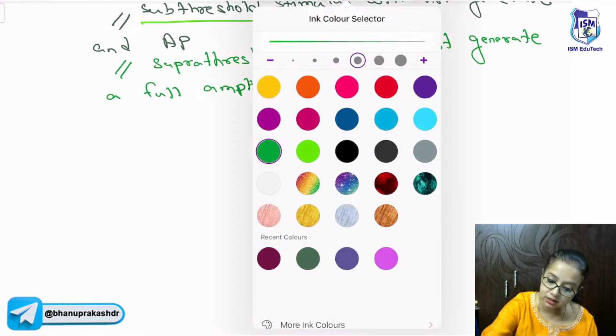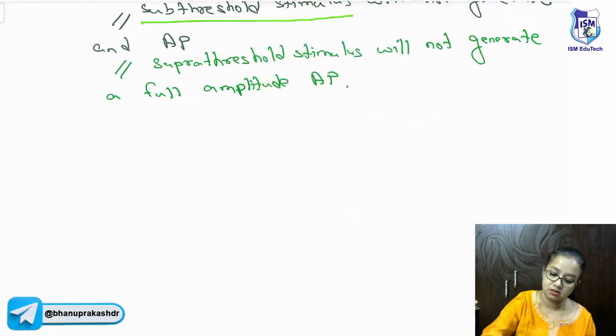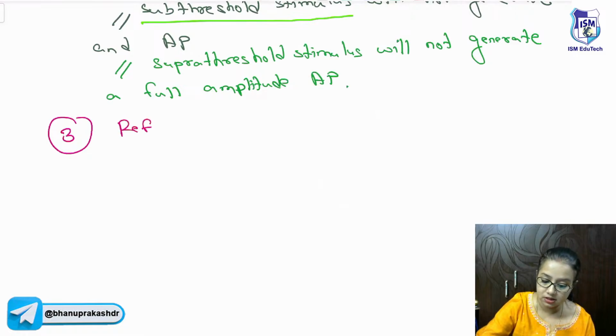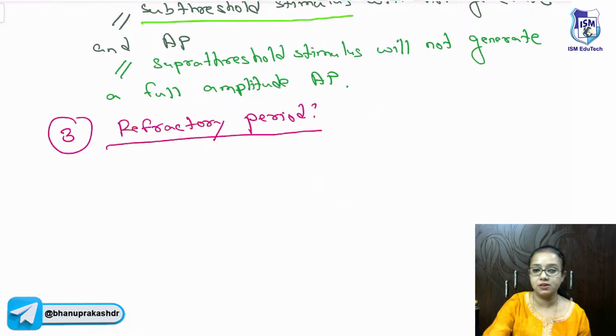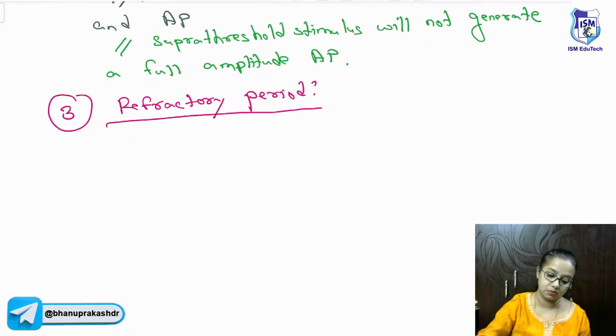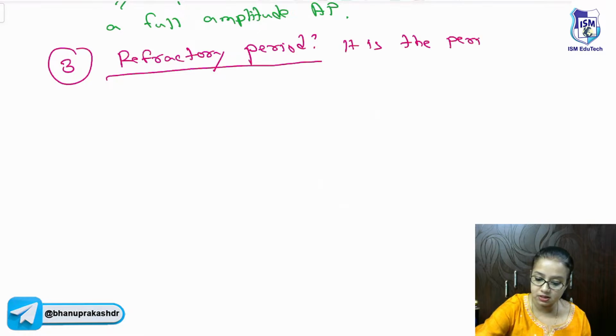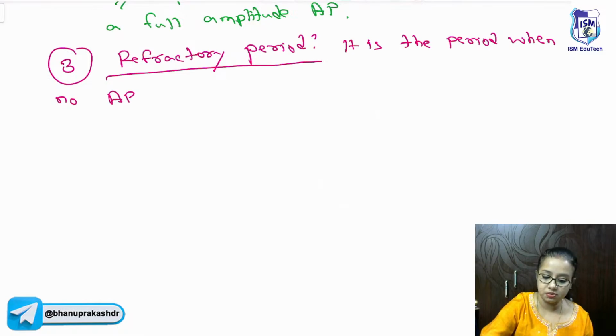Now, the third important characteristic, and a very important one, is the refractory period. Understanding this refractory period is very important and it has a lot of implications also. Refractory period means the period when no action potential is generated.